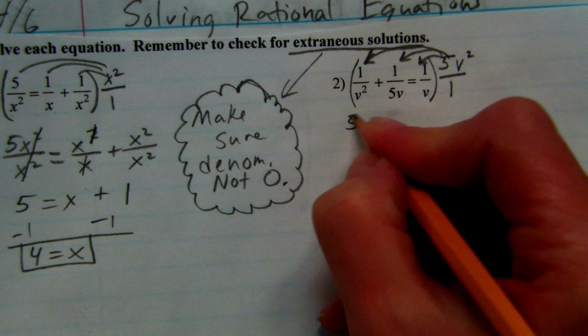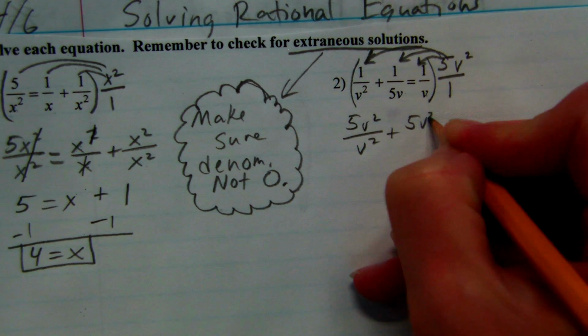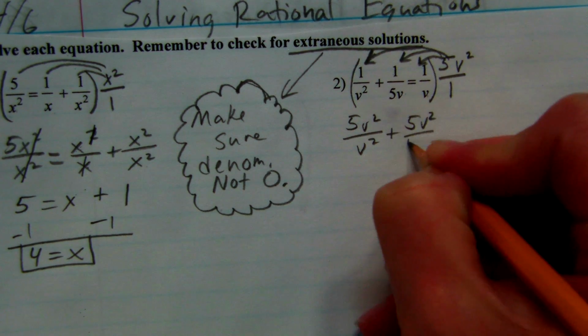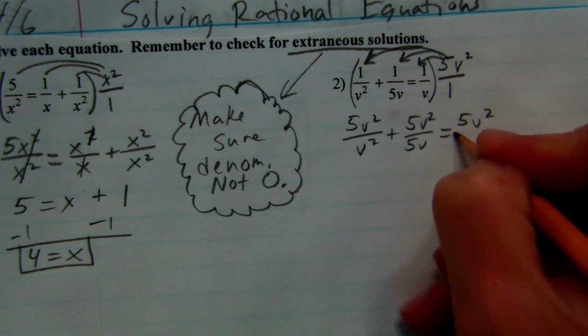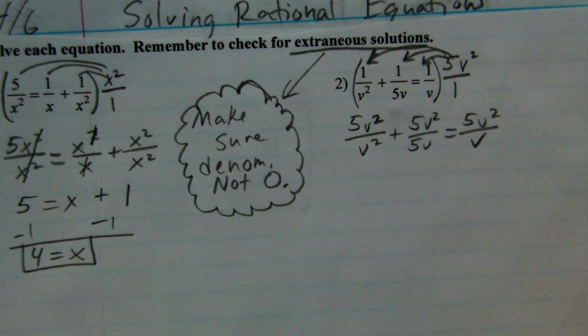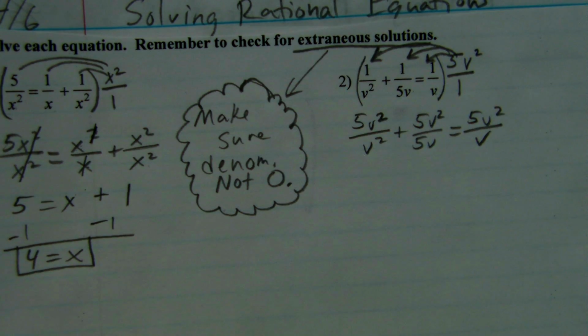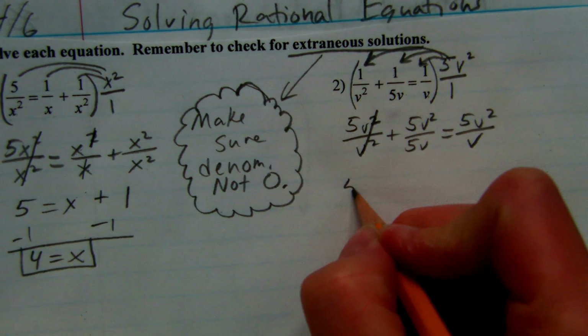So we're going to have 5v squared over v squared plus 5v squared over 5v. I don't know why that's such a tongue twister for me. And then 5v squared over v. And then we're going to cancel out stuff to make a simpler equation, and it'll get rid of all of the fractions. So we'll get rid of these v squareds. That leaves me with 5.